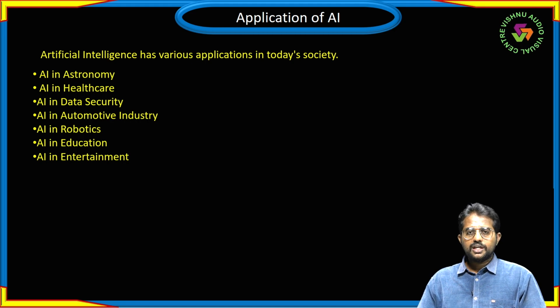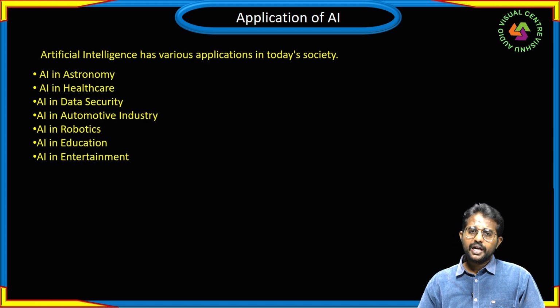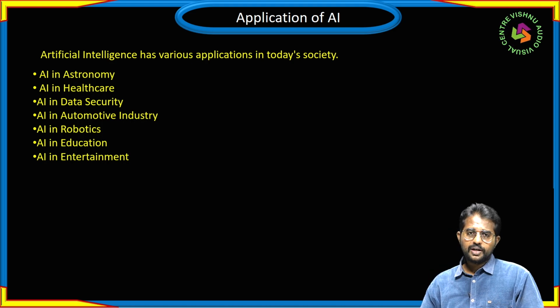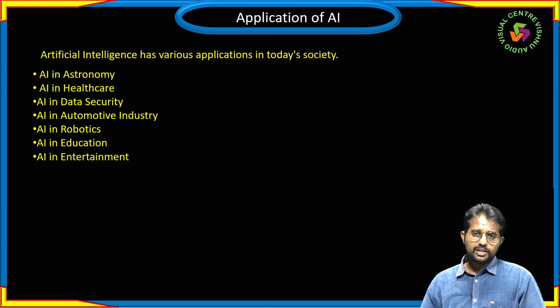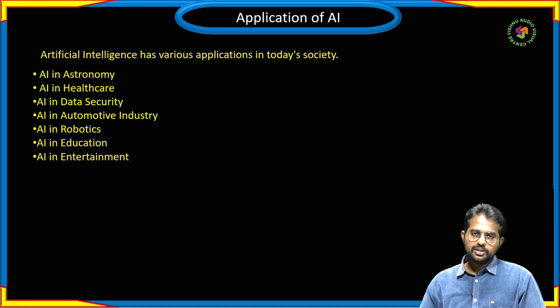Next, artificial intelligence in data security. In today's world, data security is the main thing for any company or even individuals. We are already using a lot of artificial intelligence programs to enhance our security. For example, in WhatsApp we have end-to-end encryption. This is AI-generated end-to-end encryption, so that a message can only be seen by the sender and the receiver.